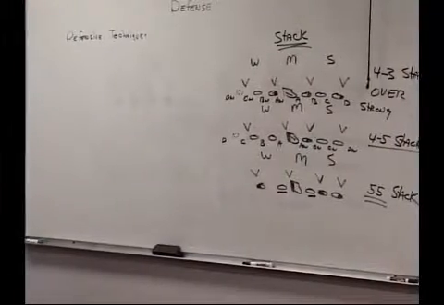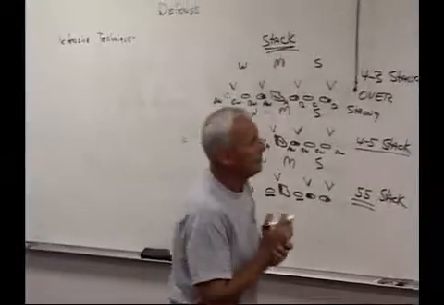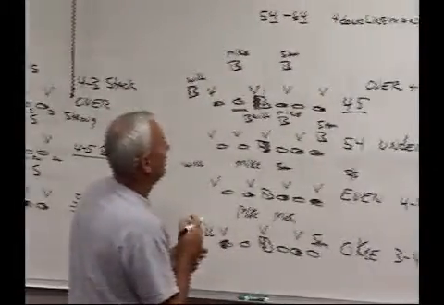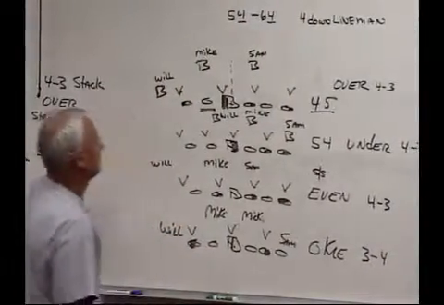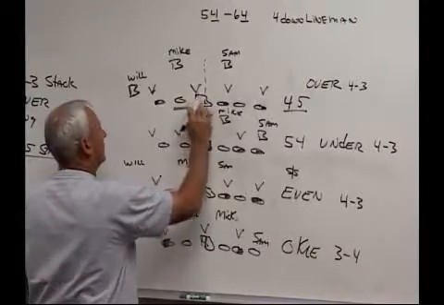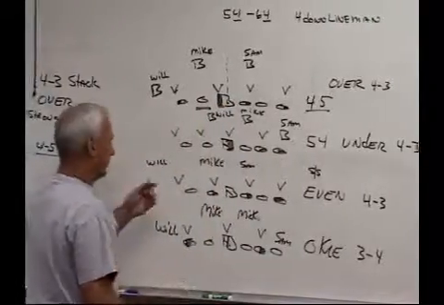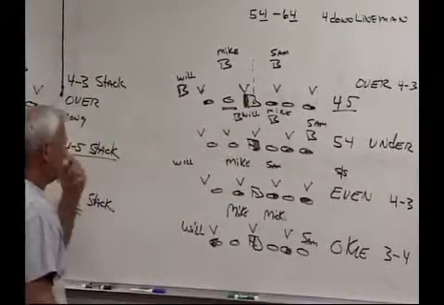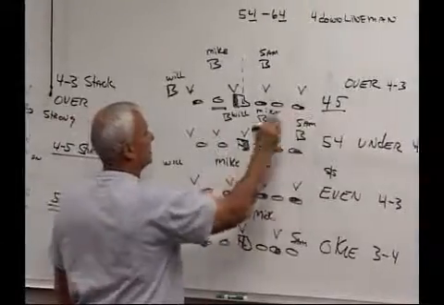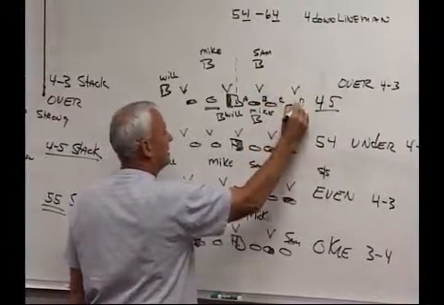All right. So if we got a blitz, let's just go out of the over front, all right? And we'll say the strength's over here. So that's A gap, B gap, C gap, D gap.